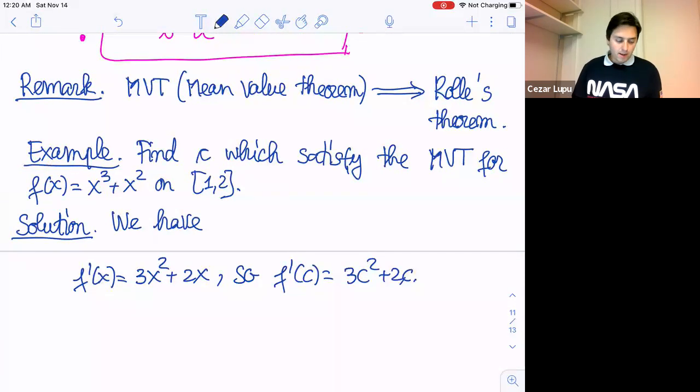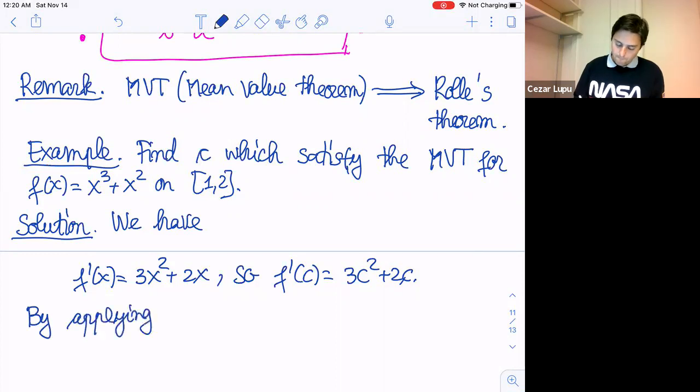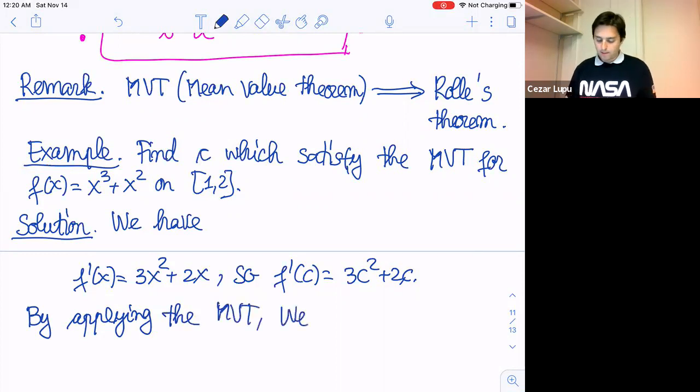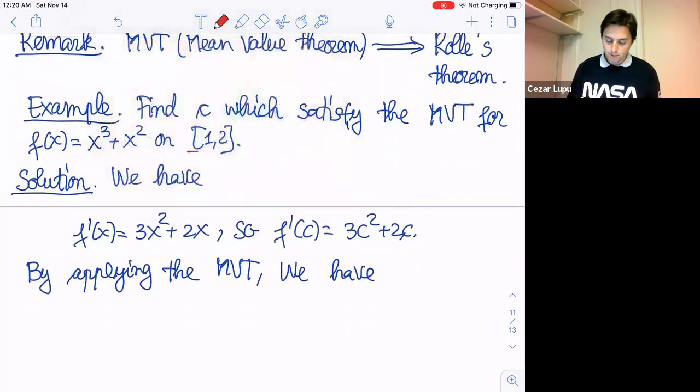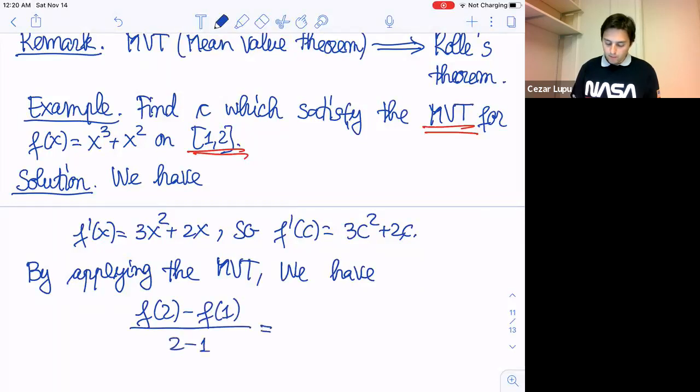And now, by applying the mean value theorem on this interval [1, 2], keep in mind that the mean value theorem is applied on this interval, we will have that f of 2 minus f of 1, everything over 2 minus 1, is the same as f prime of c, which in our case is 3c squared plus 2c.